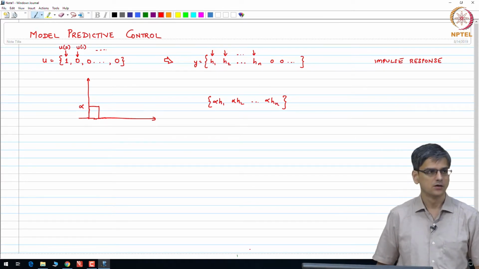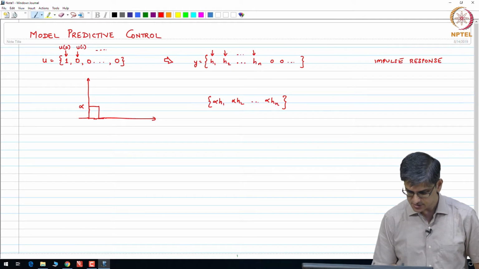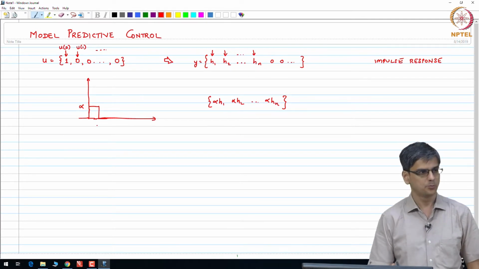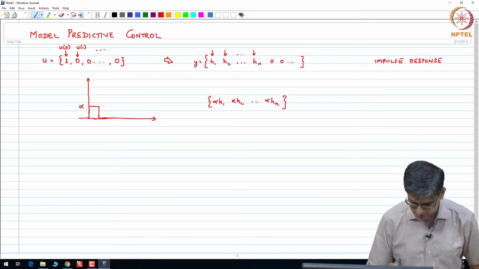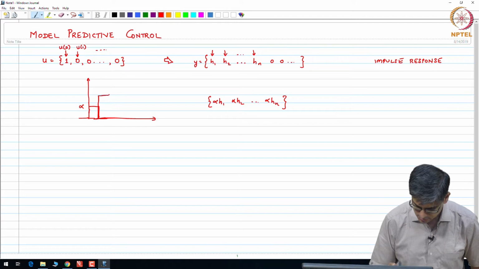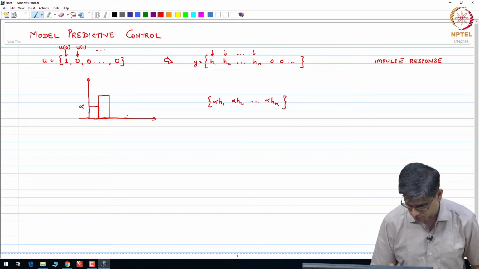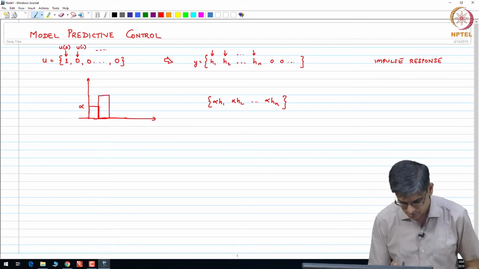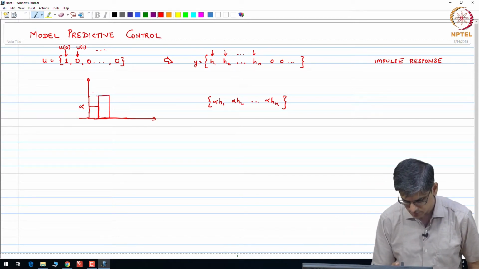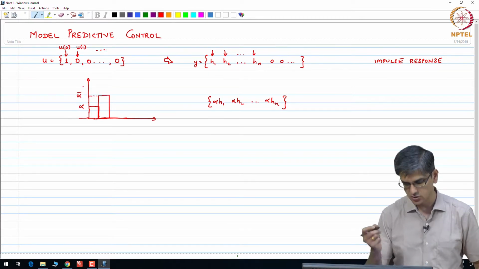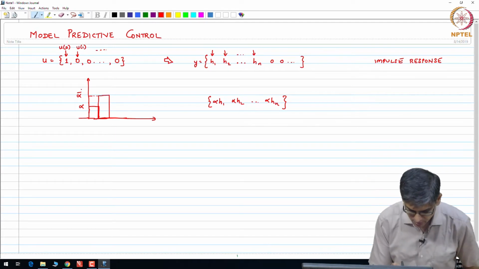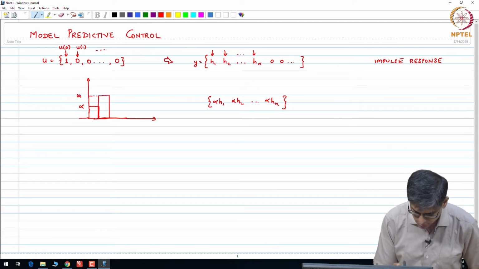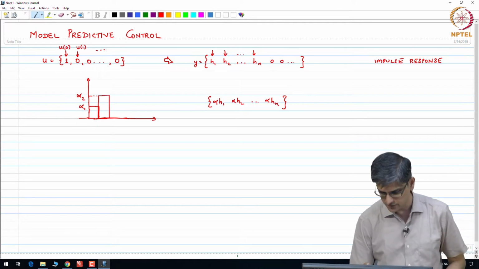Okay. What if after this you do not place it as 0, you give one more impulse, and that impulse is say something like this. This is some value, I will call this alpha 1.